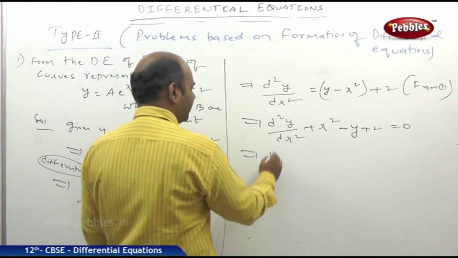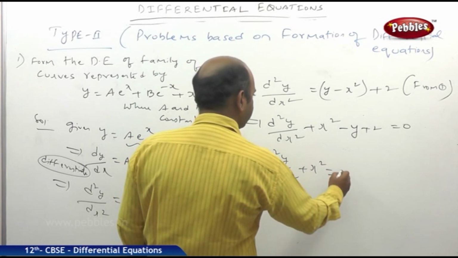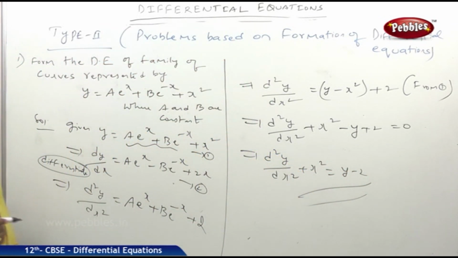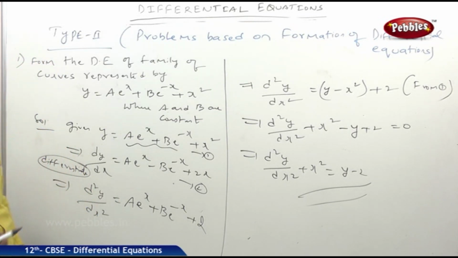Therefore, neatly writing, d²y/dx² + x² = y − 2, which is our required differential equation, and it is free from the constants A and B. Sometimes in competitive examinations they may ask to eliminate A and B to form a differential equation from the given family of curves. Like this also they may ask.